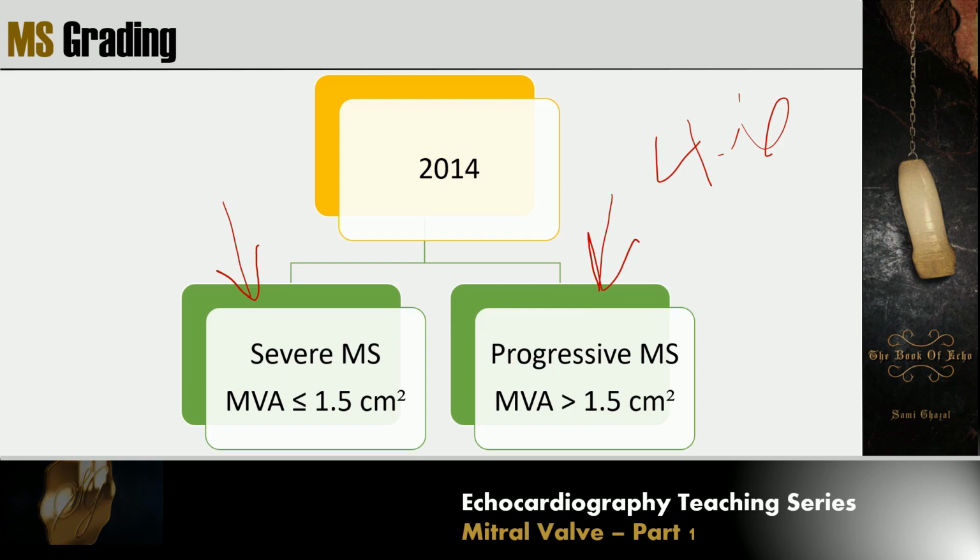And the reason that the new classification is mainly dependent on the area is because the gradient, for example, is dynamic. It changes with the heart rate. So a patient can have severe mitral stenosis and be asymptomatic if the heart rate is well controlled, or even in progressive mitral stenosis, a patient can be symptomatic due to tachycardia.